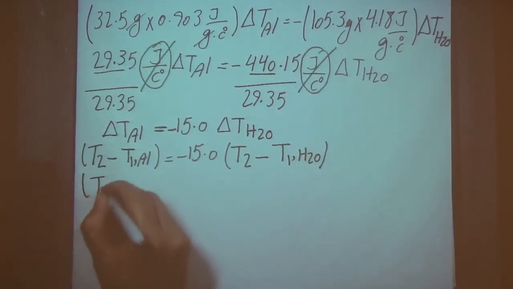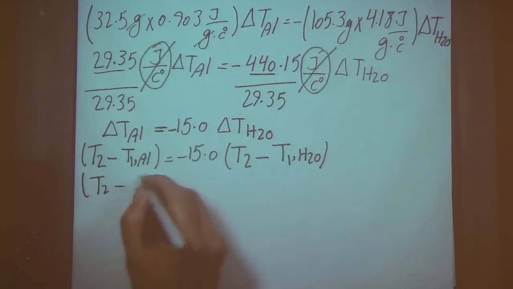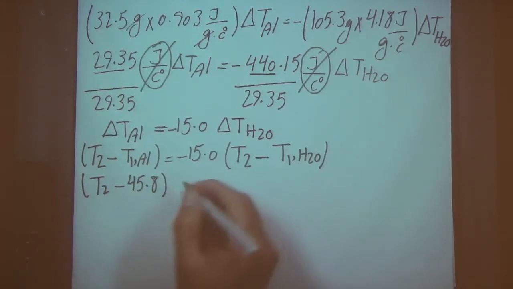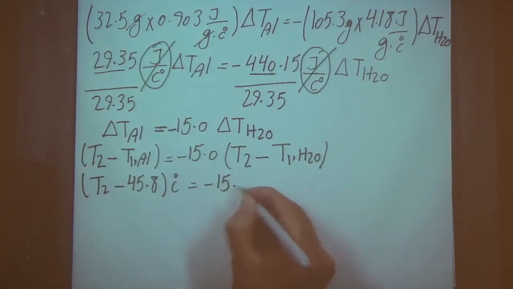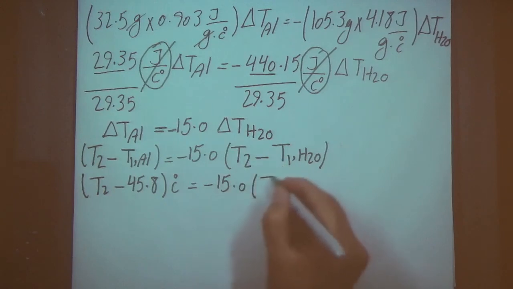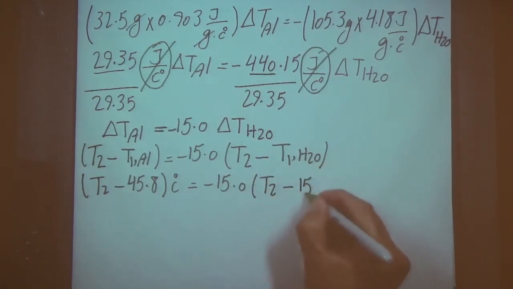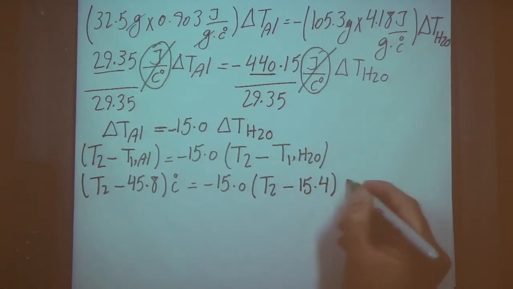T2, we don't have it. T1 of aluminum is 45.8 degrees Celsius, equal to minus 15.0 multiply T2, we don't have it, and T1 we have, equal to 15.4 degrees Celsius.